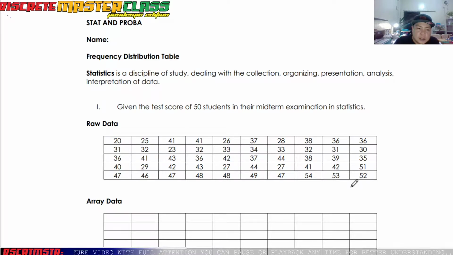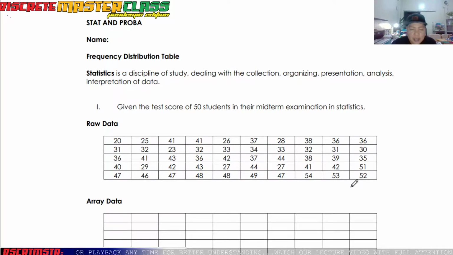Yan. Now, the first thing na gagawin mo, pagkatapos mo makuha yung raw data, is what you call the array data, or also known as the arranged data. So, there are two ways to do that. You can arrange the data from lowest to highest or from highest to lowest. It's up to you.